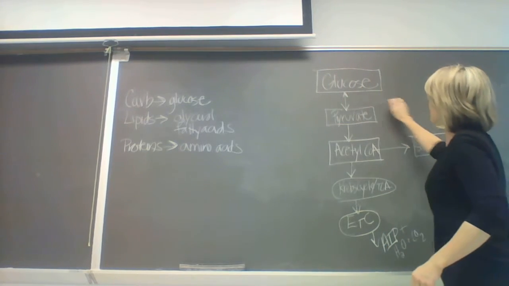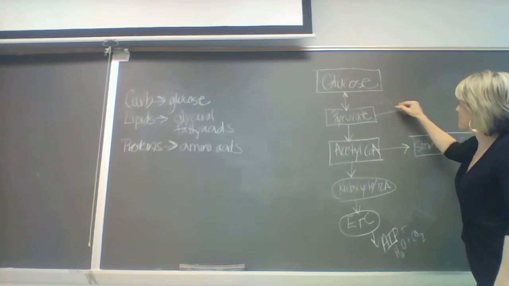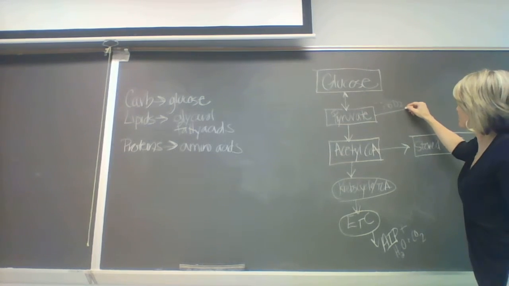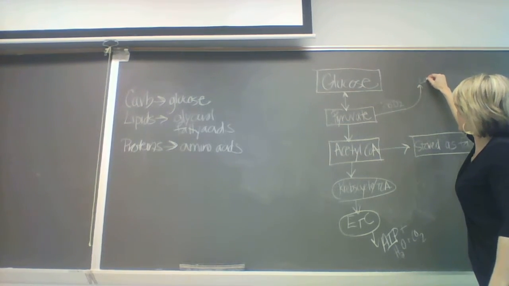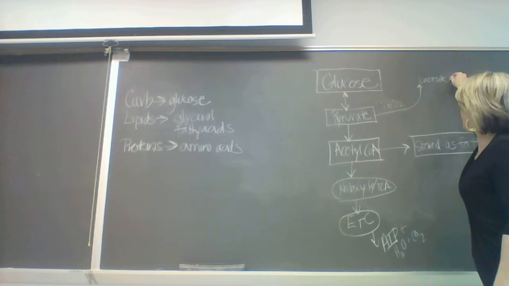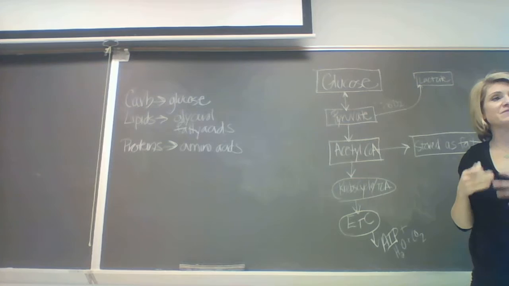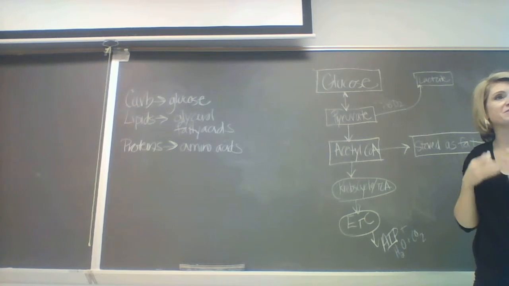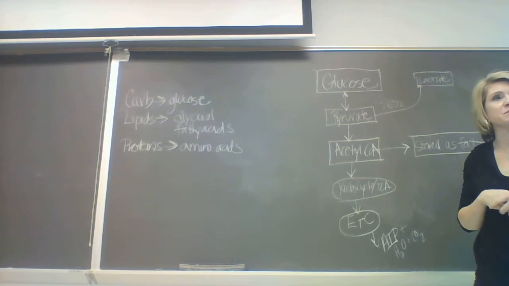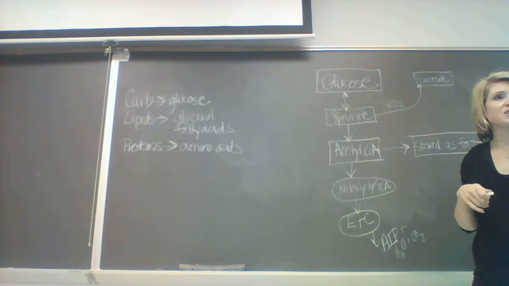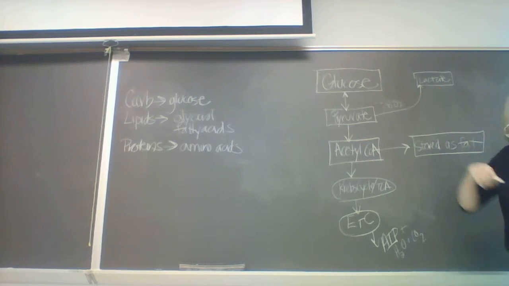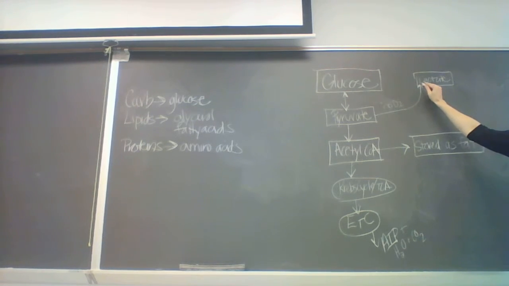You get pyruvate and you don't have oxygen. You're going to get something called lactate, which is lactic acid, which is what a lot of people blame. Like if you take off running really fast, aren't really breathing or getting a lot of air in, and you get a pain in your muscle. Build up of lactic acid. Okay? This can give you some quick energy, but the side effect is lactate or lactic acid buildup, which causes the pain.